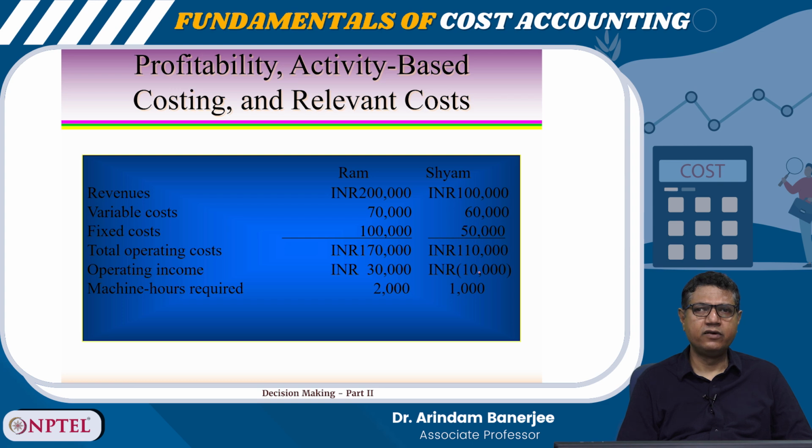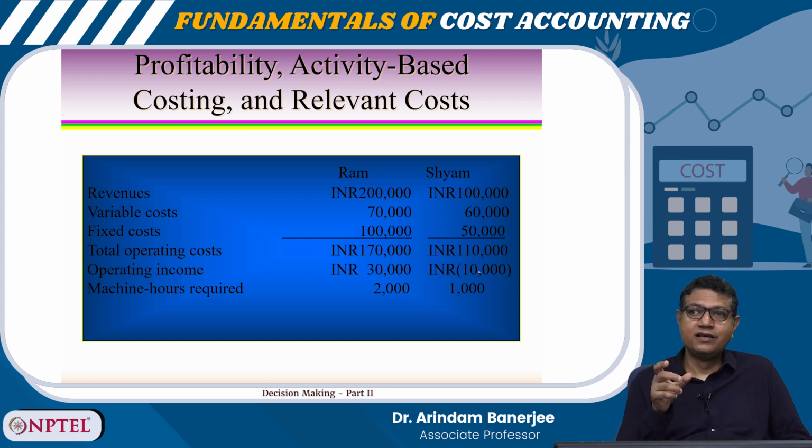Variable cost is 70,000 and 60,000. Fixed cost is 1 lakh and 50,000. Total operating cost is 1 lakh 70,000 and 1 lakh 10,000. Operating income is 30,000, and in the case of Sham, it is incurring a loss of 10,000, right? Machine hours required are 2,000 for Ram, but only 1,000 for Sham.